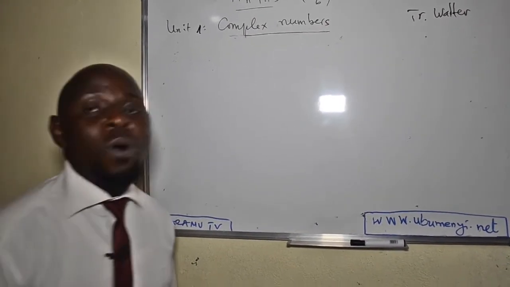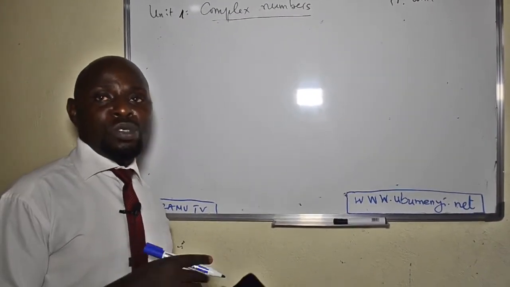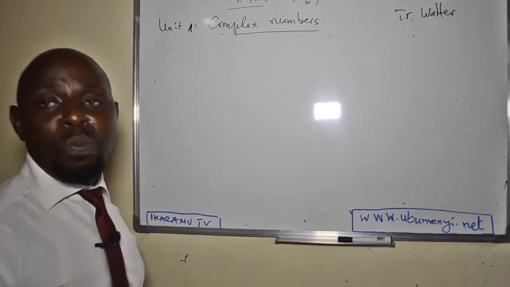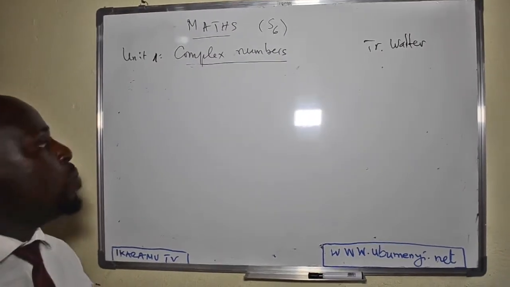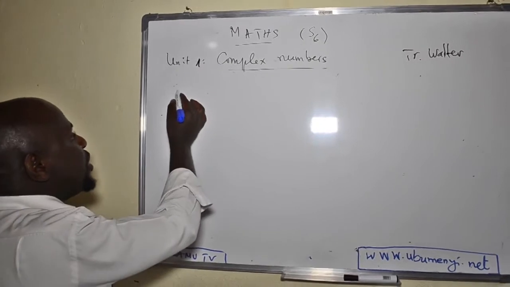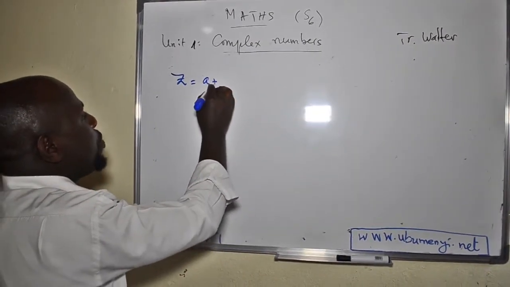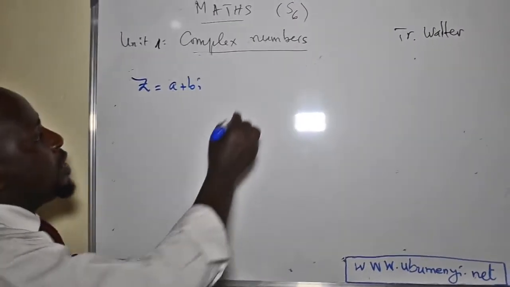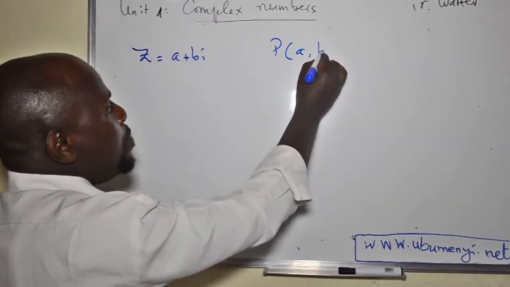This is lesson 4. In lesson 3, we tried to see the geometrical representation of a complex number, and we have also seen the modulus of a complex number. If I try to remind you about that, we have seen that every complex number z, which is equal to a plus bi, can be represented in the form of a point P, which is equal to (a, b).